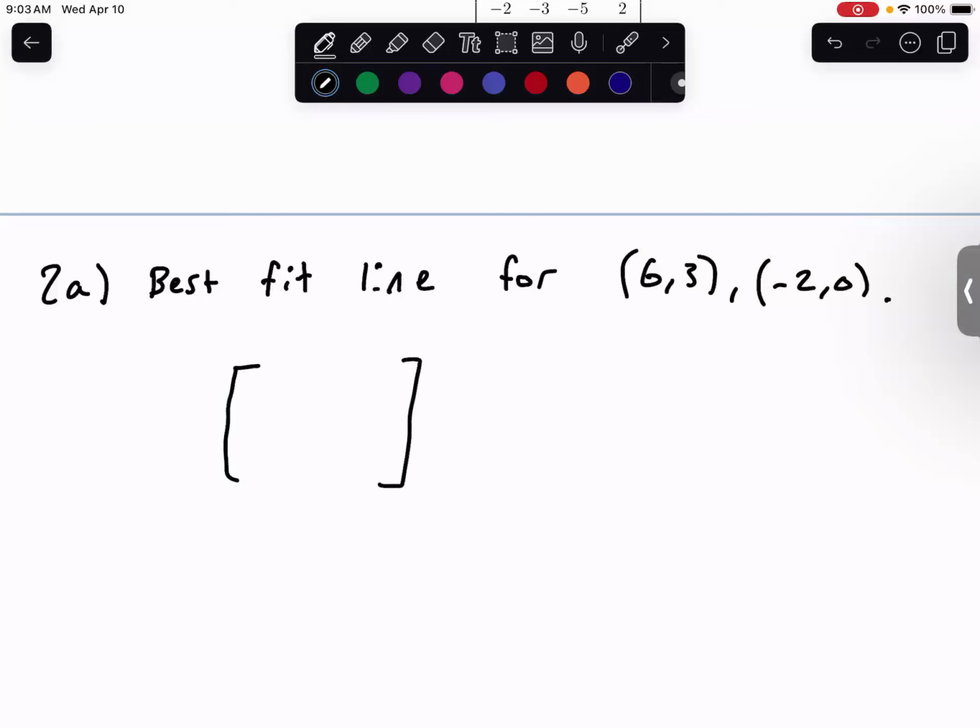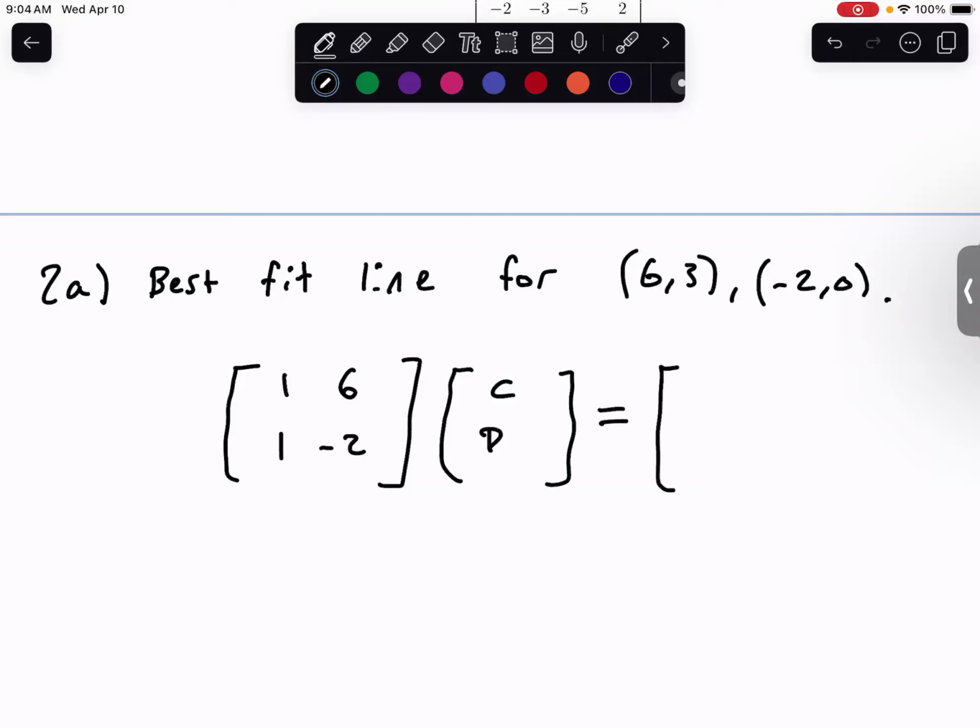The first column is just going to be given by 1, 1. The second column is given by the x components. So it's going to be 6 in the first row of the second column, then minus 2. And then you multiply by some 2 by 1 vector, which you could call xy, but I'm just going to call cd, keeping in tune with the notation used in the section.